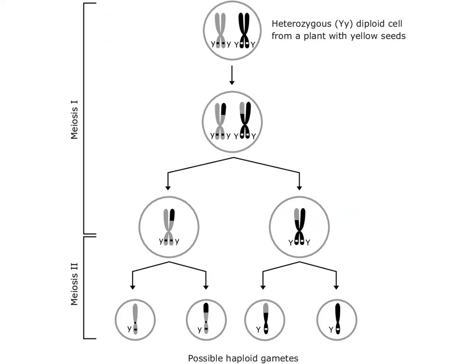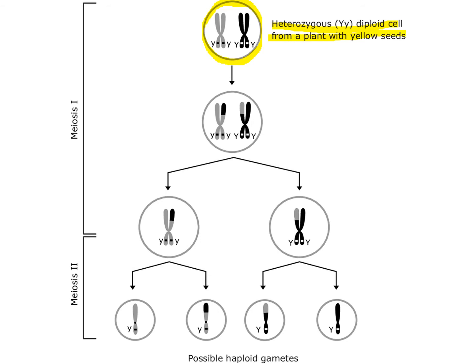Now let's see how the concept of meiosis links into genetics. On this image, if we have a look at the top, we contain a heterozygous diploid cell from a plant with yellow seeds.